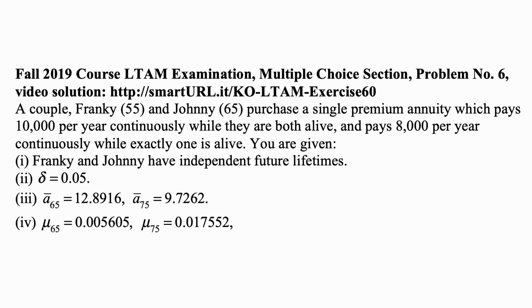So the cost of a unit life annuity paid to a 75-year-old continuously, actuarial present value, is equal to 9.7262. The force of mortality at age 65 is 0.05605. Force of mortality at age 75 is 0.017552.